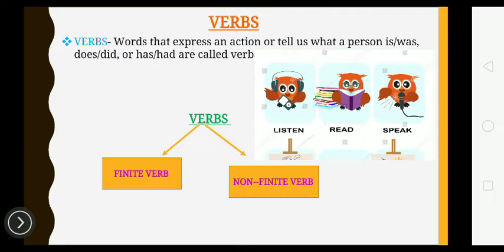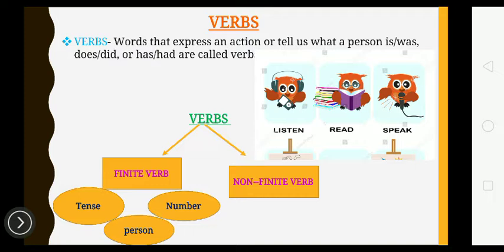Next are transitive verb and intransitive verb, and today we are going to discuss finite and non-finite verb. While talking about finite verb, always keep in mind that the very word finite means to limit or to restrict something. Here we are restricting these verbs to tense, person or number.